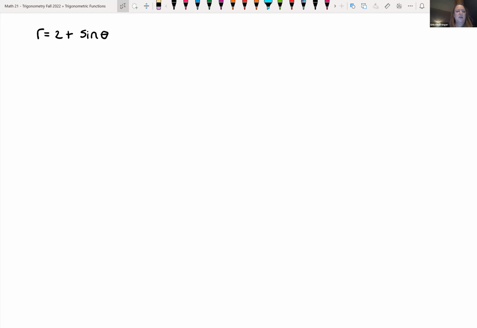So in front of us is our equation again, r is equal to 2 plus sine theta. If we have a point (r, theta), because we saw that it was symmetrical across that line, theta equals pi halves, then we also know that (r, pi minus theta) is also a point.